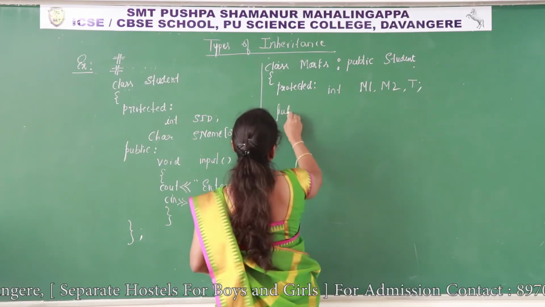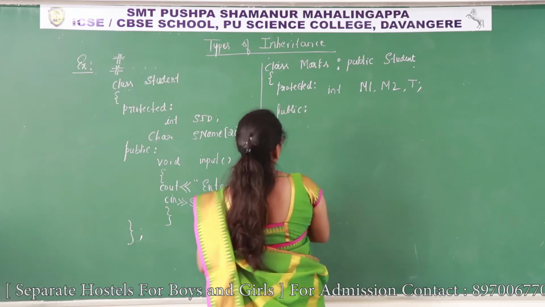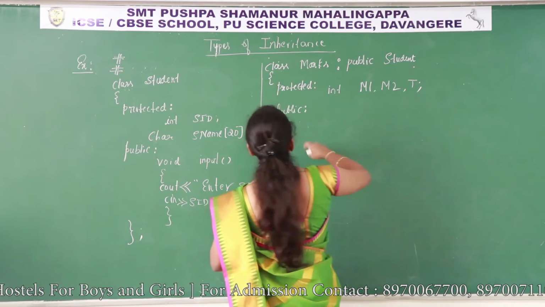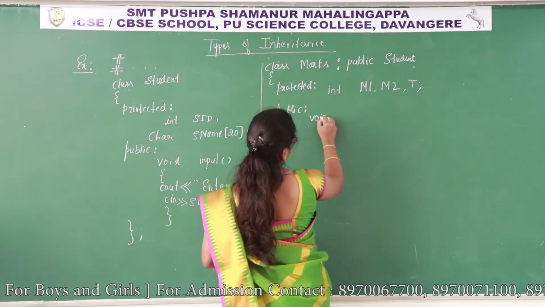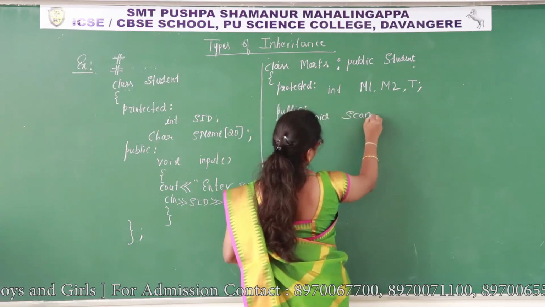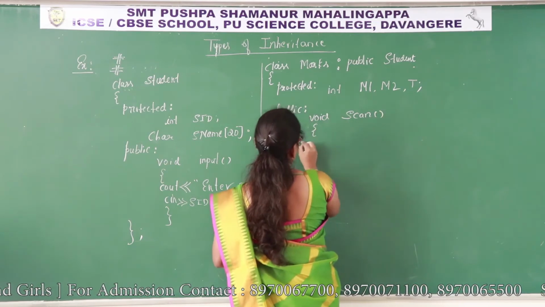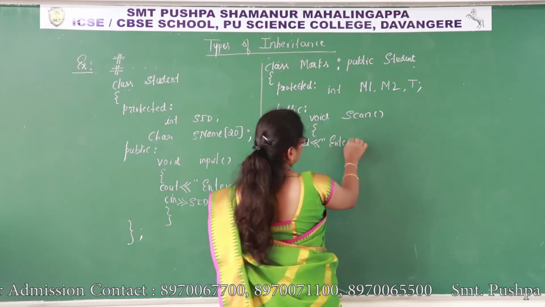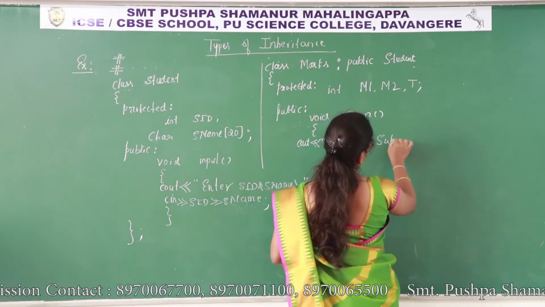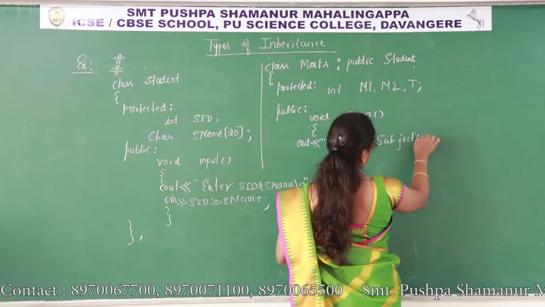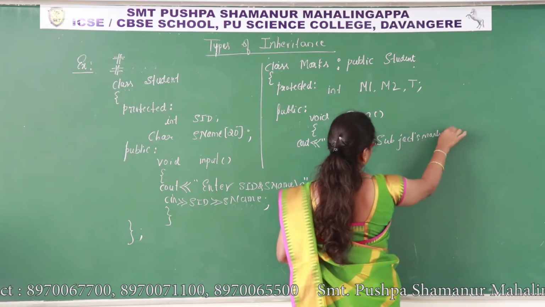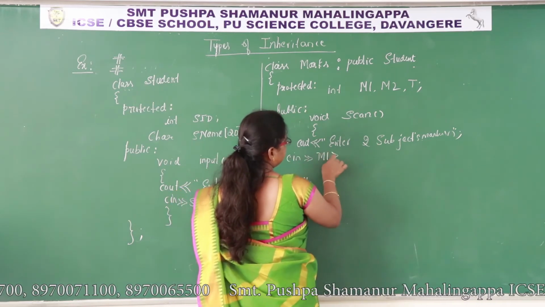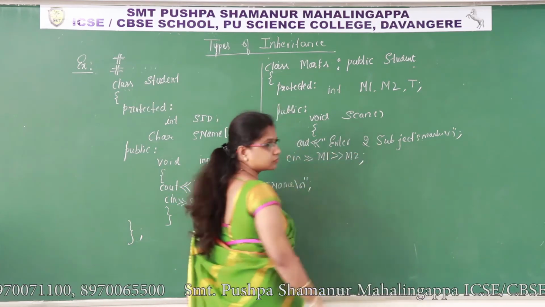Public, void scan, cout, enter two subject marks, cin extraction m1 extraction m2.